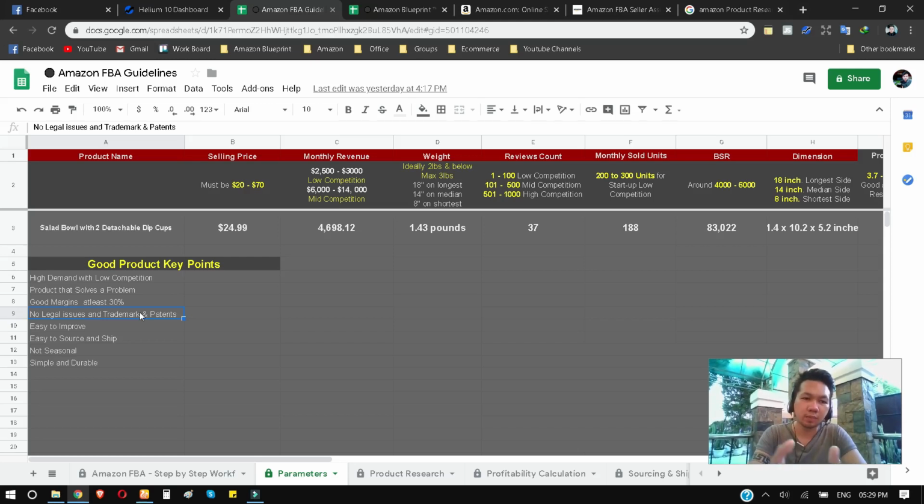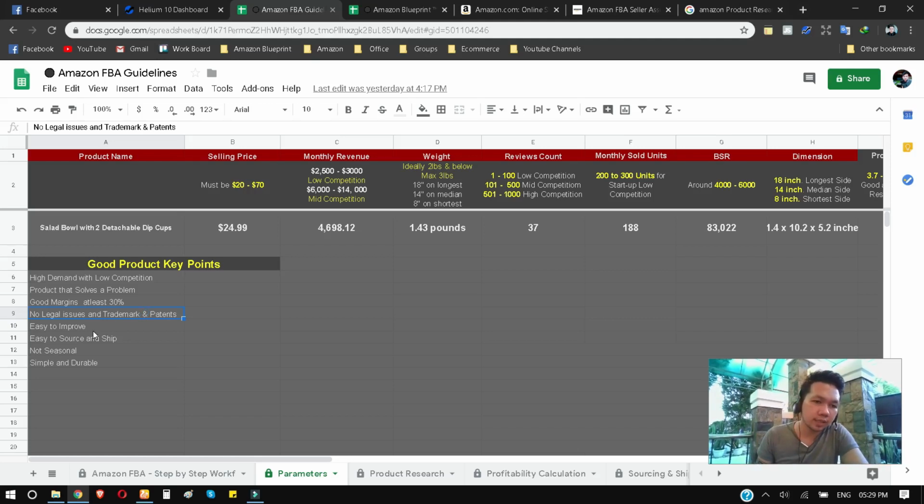Ibig sabihin pag binenta nila ng bulk, kumbaga malaki yung nagiging discount, paubos na lang yung inventory.